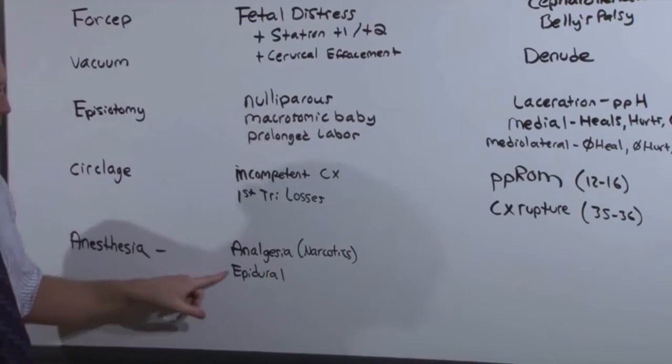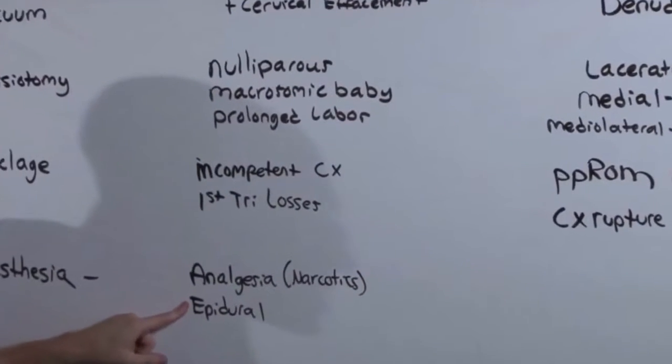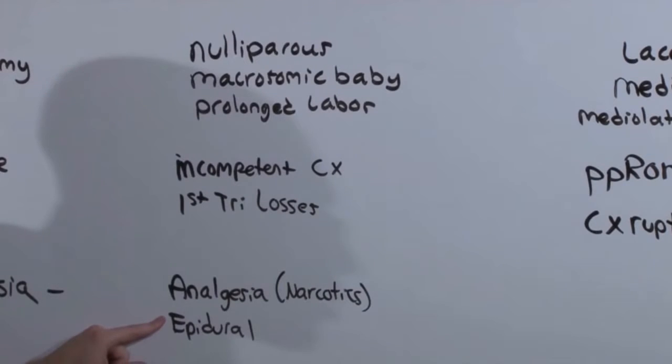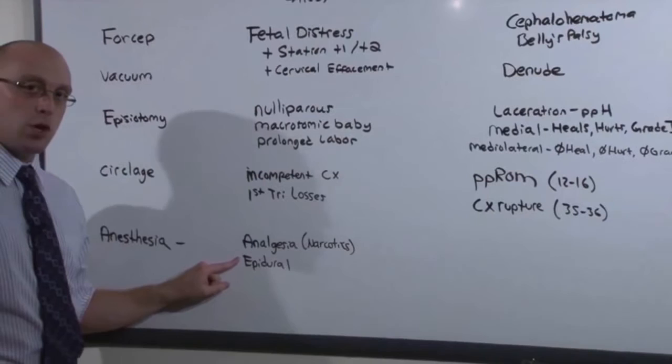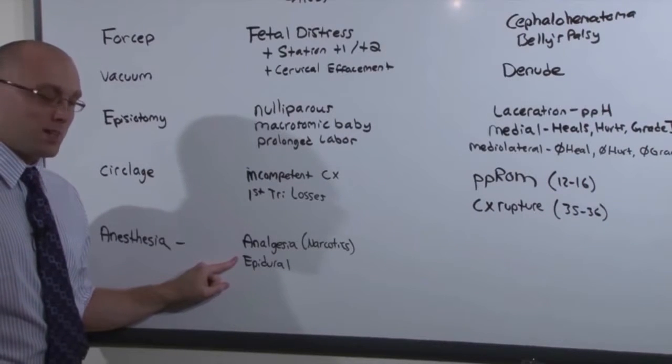The epidural is a needle placed in the epidural space. If you feel the pop or you see CSF, you've gone too far. You do not want to put anesthesia directly into the spinal cord because it will cause respiratory depression and hypotension as you shut off the entire spinal cord and diaphragm.